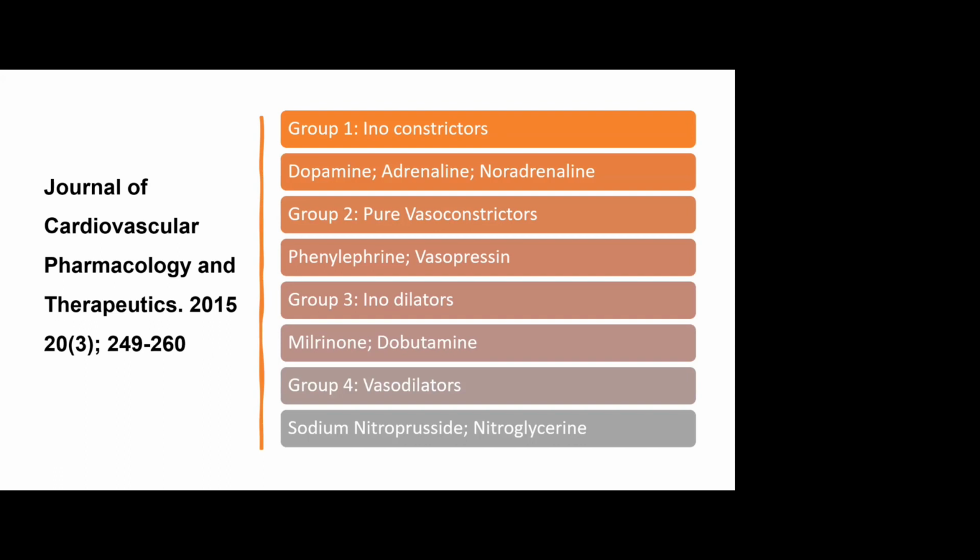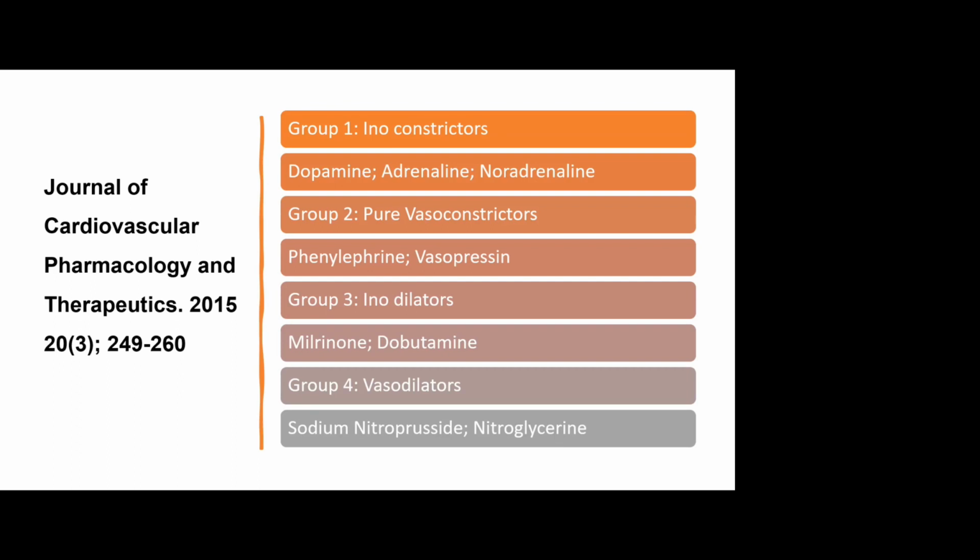For example, we have dopamine, which we know has a dose-dependent effect. It can have an inotropic effect as well as a vasoconstrictor effect, chronotropic effect, similar to adrenaline, noradrenaline.